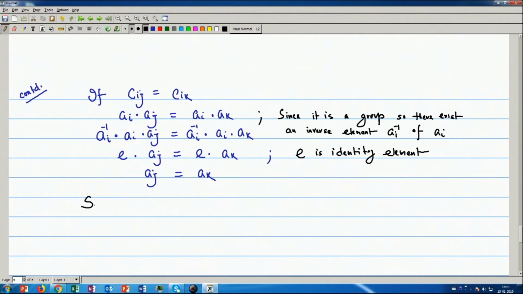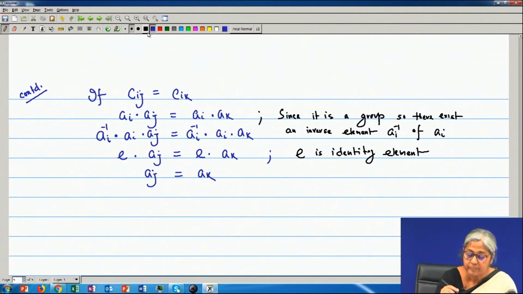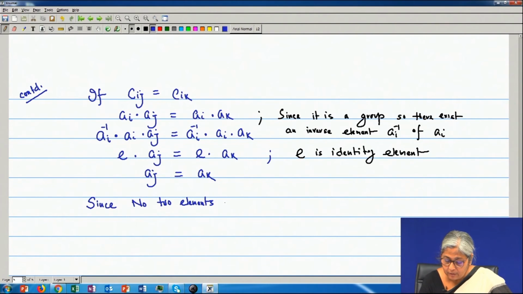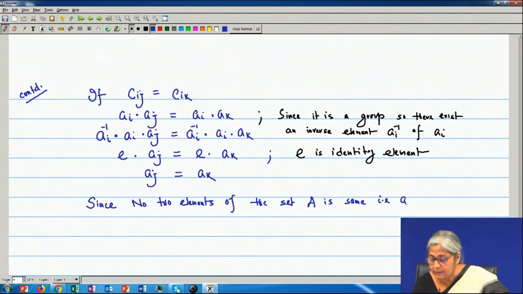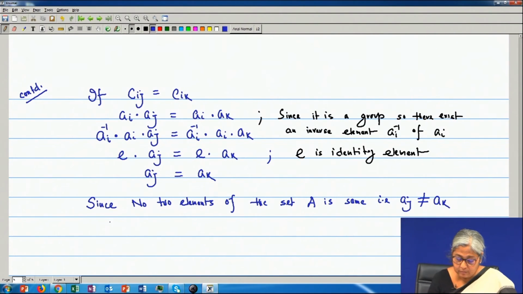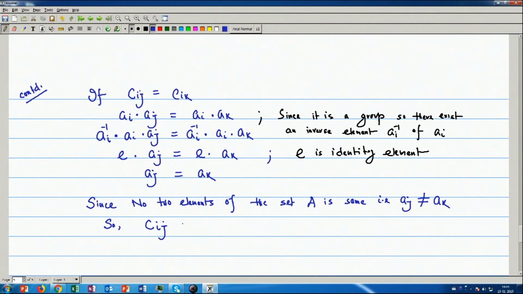Since no two elements of the set A are the same, that means Aj is not equal to Ak. So, Cij is not equal to Cik.